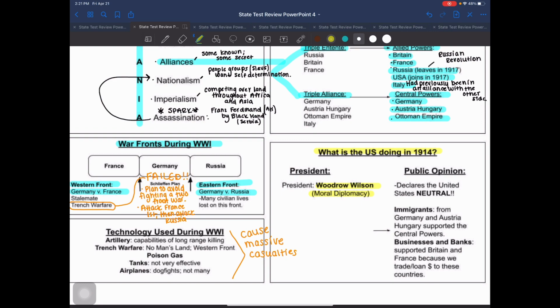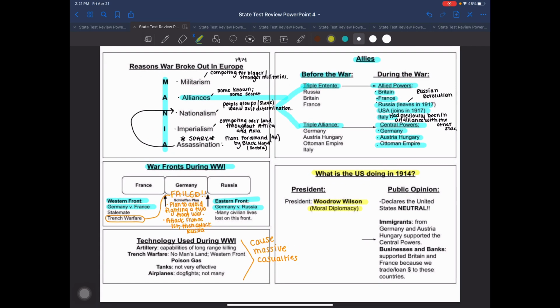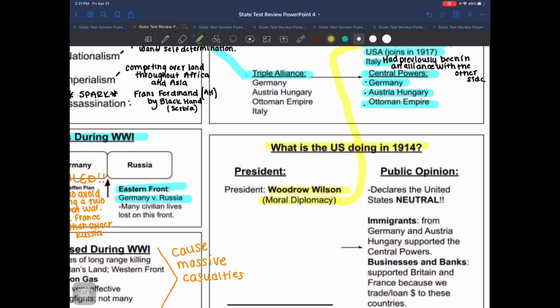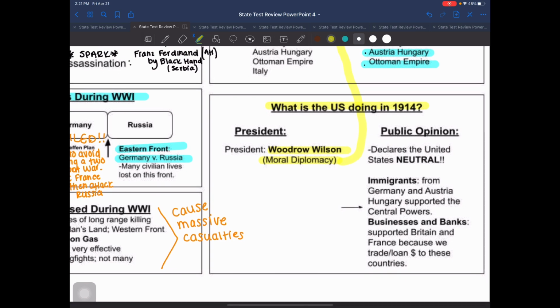So I'm going to kind of highlight up here. Remember, it's kind of our issue with Russia. They were not a democratic nation, and they were a part of the Allies in 1914. And so a lot of public opinion, we're going to see Woodrow Wilson is going to declare the United States neutral.